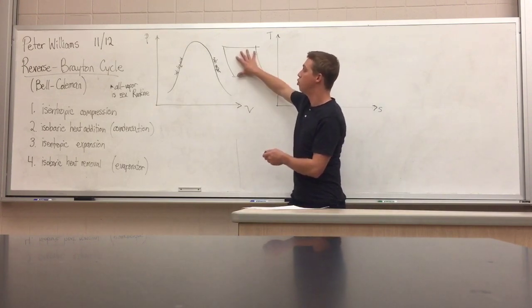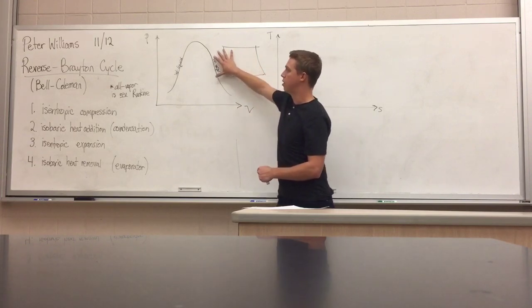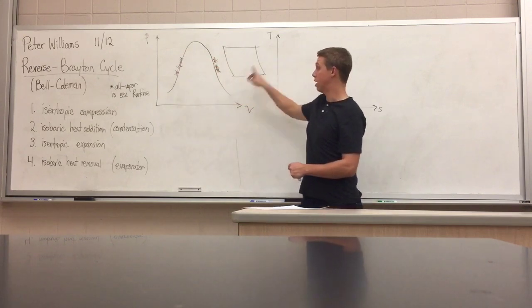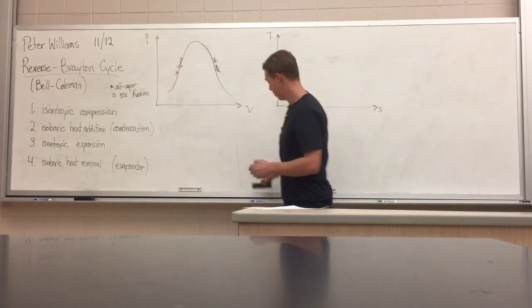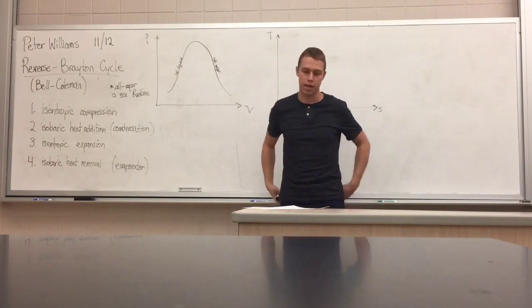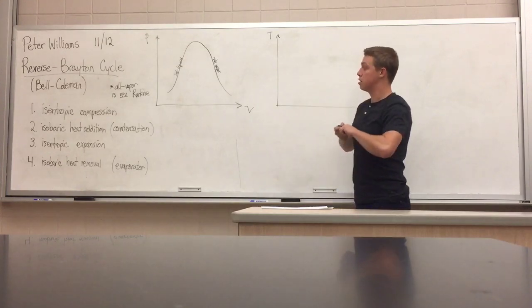The Brayton cycle is a little more complex because instead of happening all out here in the vapor, it's going to happen in the mixed region. And so there's actually going to be phase changes. Okay? So reverse Brayton, reverse Rankine, that's the only difference. So let's go ahead and get started plotting some points on here.